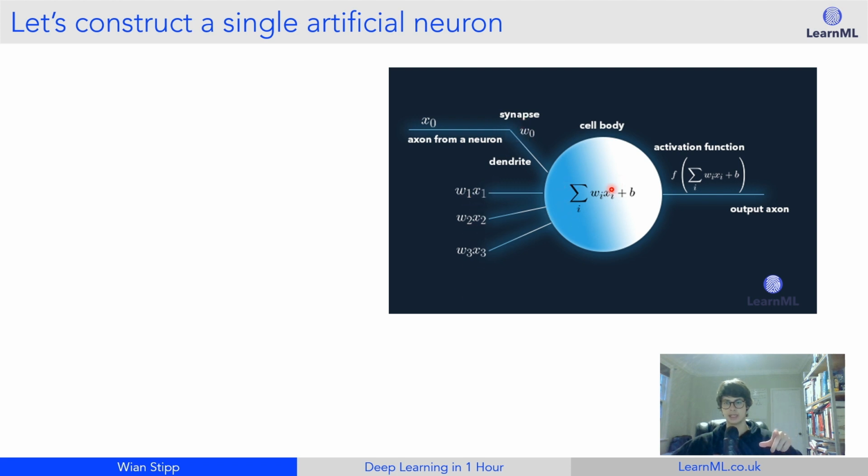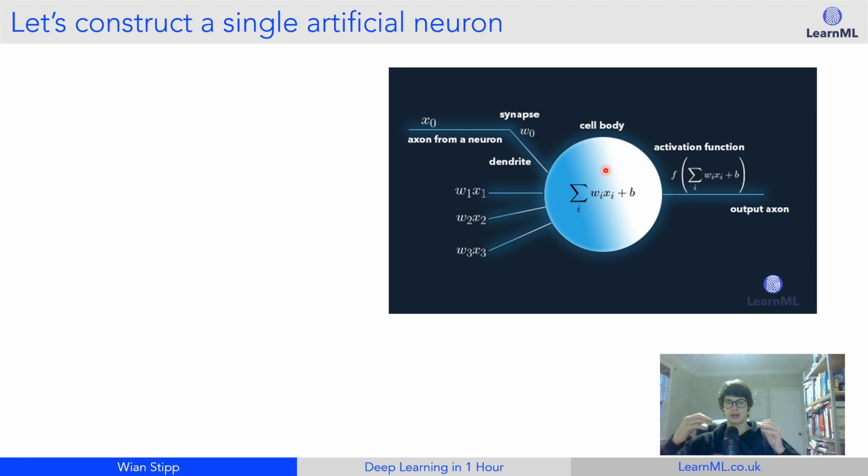This ultimately gets summed, so it's just a weighted sum. Then we add a bias term. A bias term is just like an intercept, and you can see this resembles a linear regression, and that's exactly what it is actually. After this linear regression, we apply a nonlinear activation function. We'll talk about why they're nonlinear later.